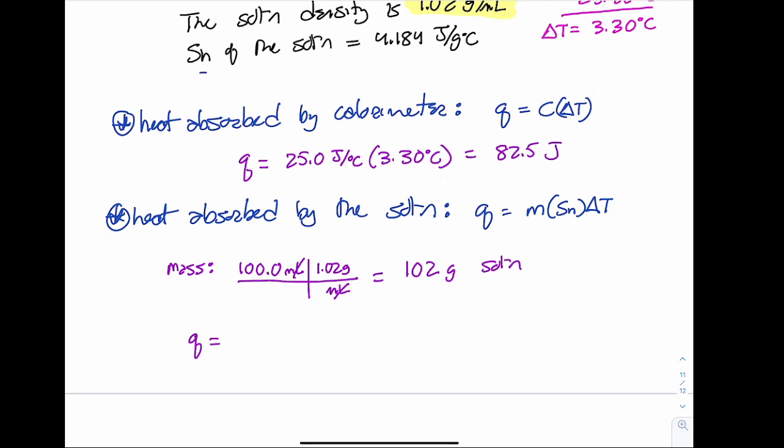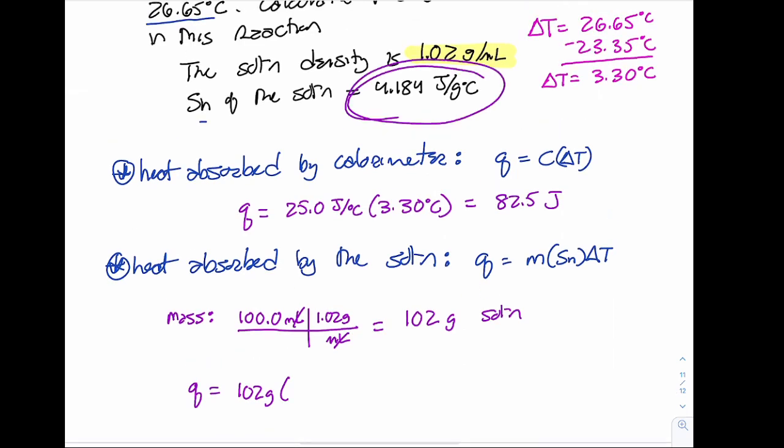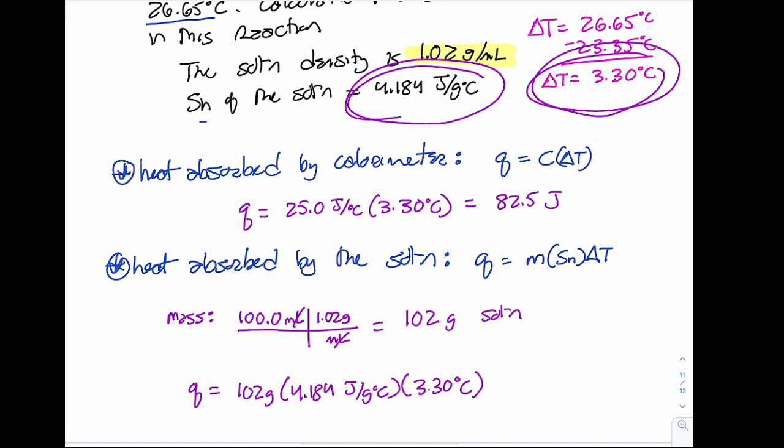So my heat is going to be 102 grams multiplied by my specific heat, which is up here, 4.184 joules per gram degrees Celsius, multiplied by my temperature change, which is over here, 3.30 degrees Celsius.